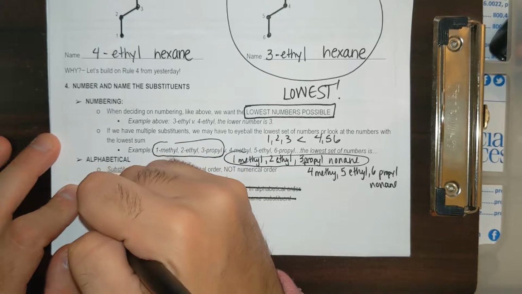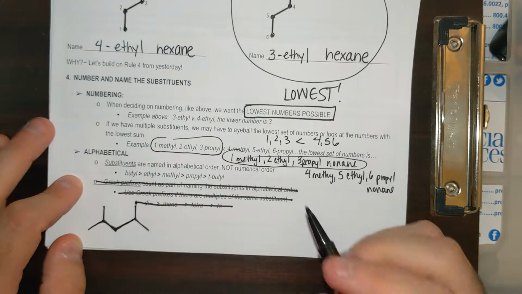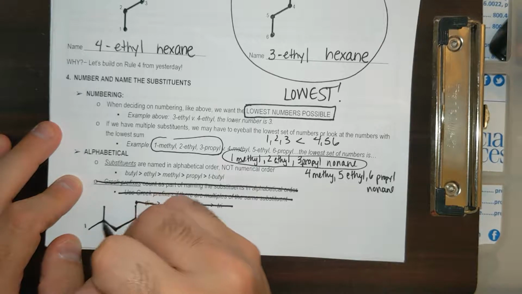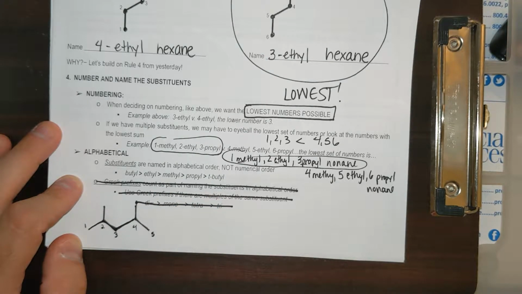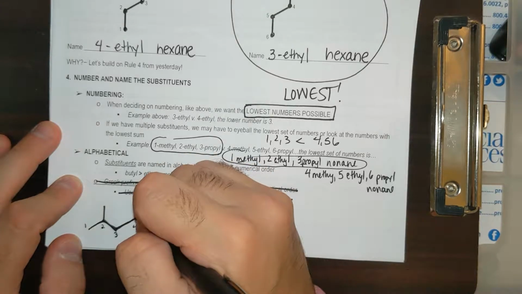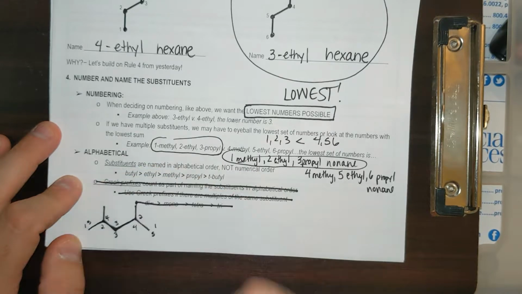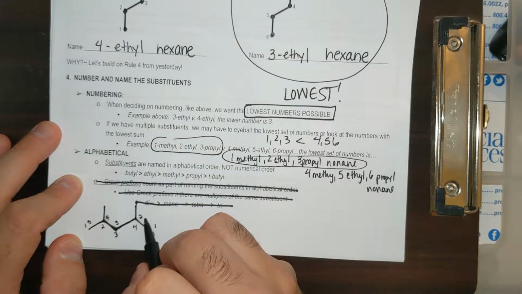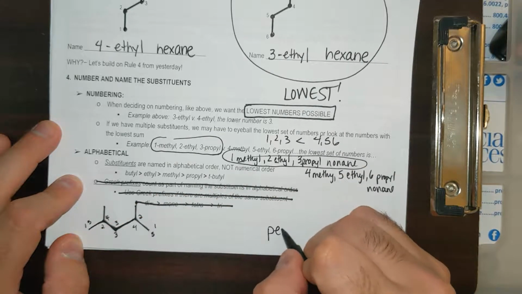All right? So if I had to do a quick example, okay, and I have a methyl here and a methyl here, I could either number this 1, 2, 3, 4, 5. Actually, that's not going to work. Or I could do 1, 2, 3, 4, 5. No matter what, if I want to name this, I'm going to have a parent chain of pentane.